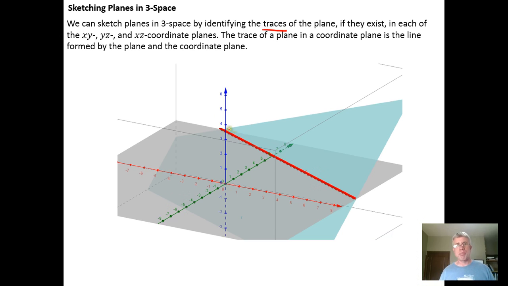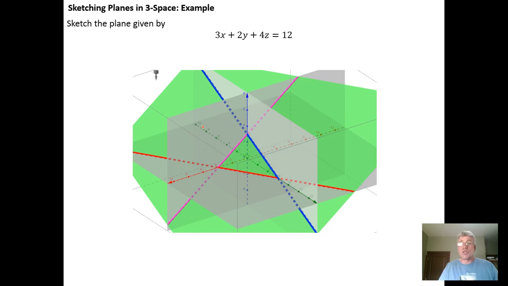The trace of a plane is simply the line of intersection the plane forms with either the xy plane, so in this case this is the trace of this blue plane in the xy plane. We also look at the trace of the plane in the xz and yz planes, and we use those traces to draw a visual representation or graph of the plane in three-dimensional space.